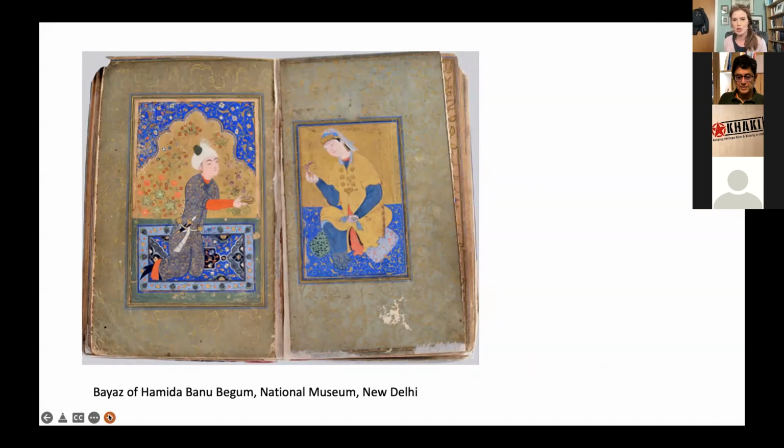During Humayun's tumultuous reign, when he lost control of India in the 1540s, Humayun and Hamida took refuge at the court of Shah Jahan. We know that this manuscript had also belonged to that Safavid ruler, so the likelihood is that it was a gift to Hamida during that time when the emperor and his wife were basically taking refuge at his court.